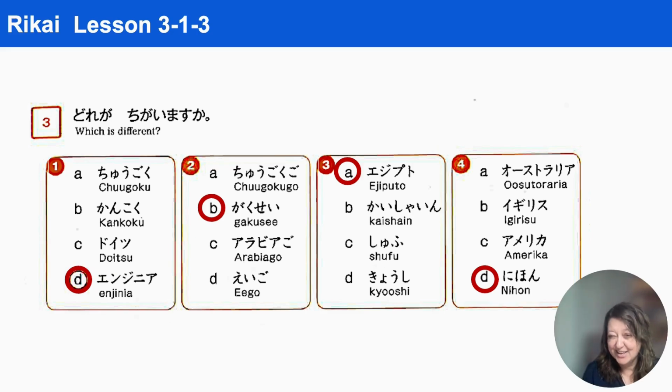But like I said, in the United States, English is not an official language. Whereas in Japan, they speak Japanese. What's another thing that could be different about them? Australia, Igris, America must be written in katakana, whereas Nihon can be written in hiragana. And later we'll learn the kanji.